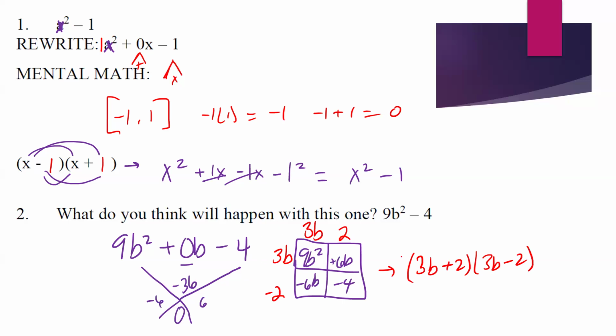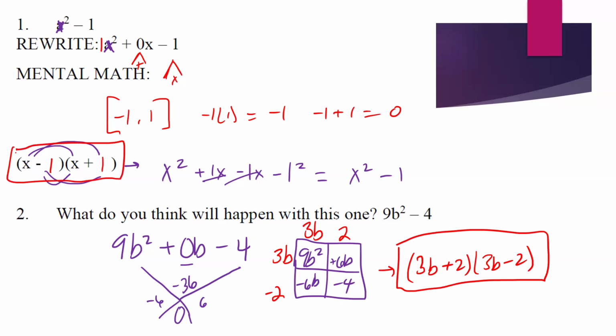Looking at this answer and looking at what we got here, what do you notice? What is something they have in common? They're opposites. One is positive and one is negative. We're adding and subtracting. What else?